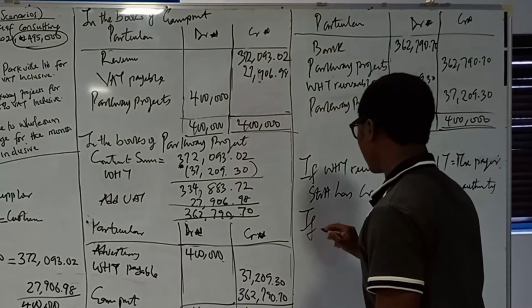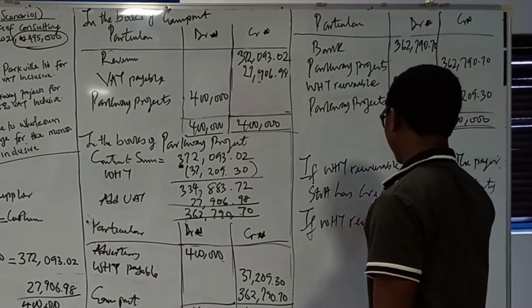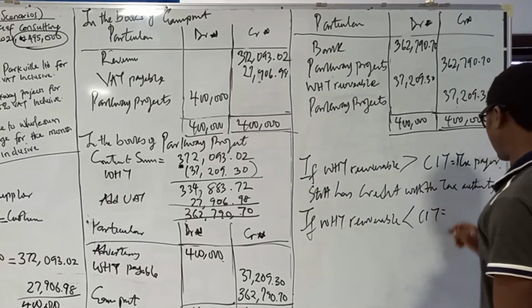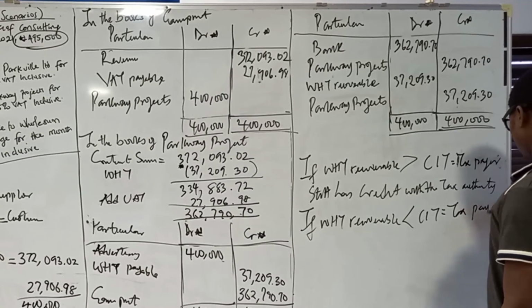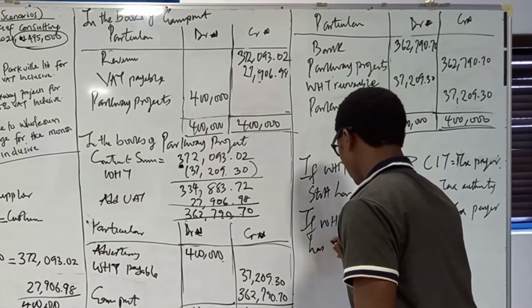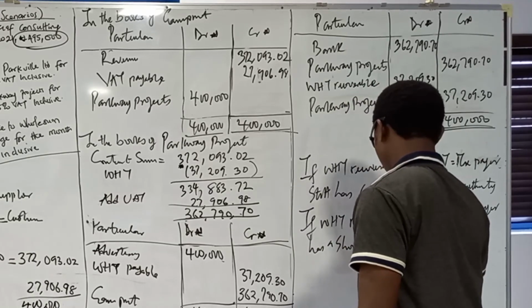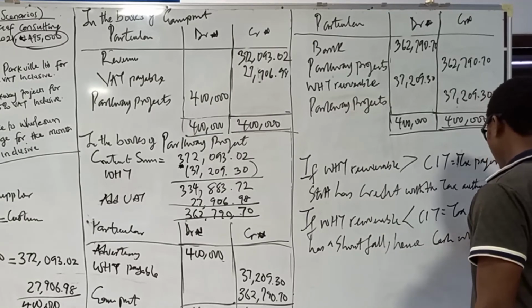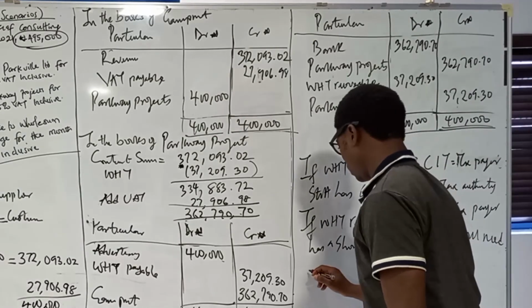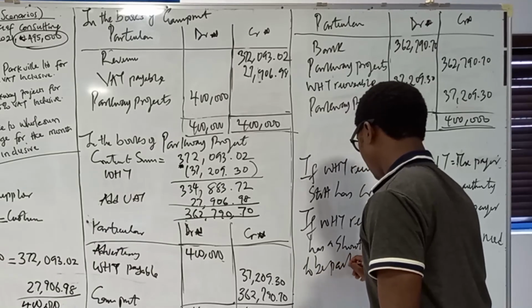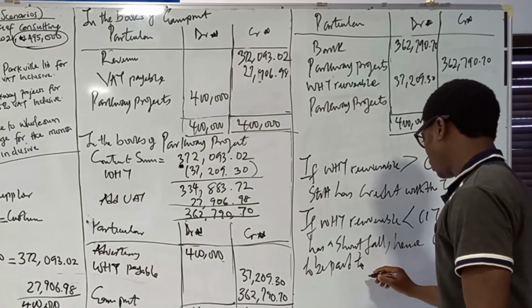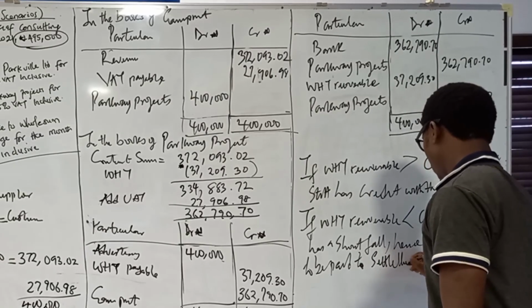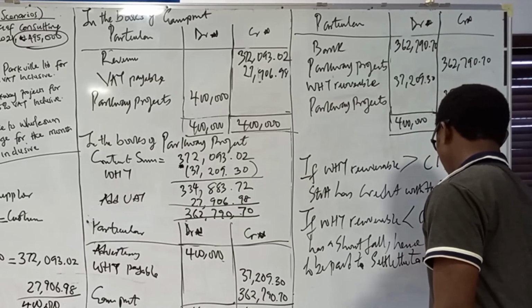But if withholding tax recoverable is less than CIT, the taxpayer has a shortfall. Hence, cash will need to be paid to settle the tax liability.